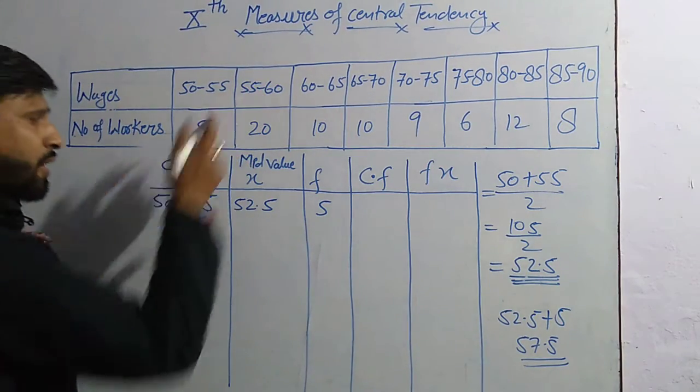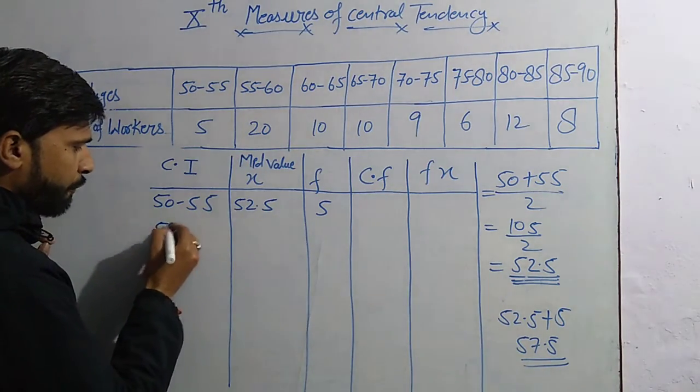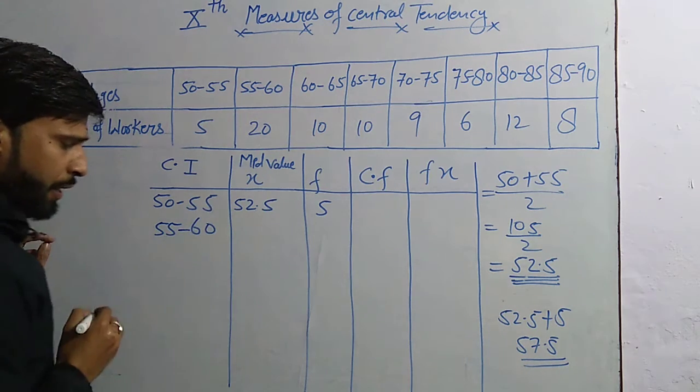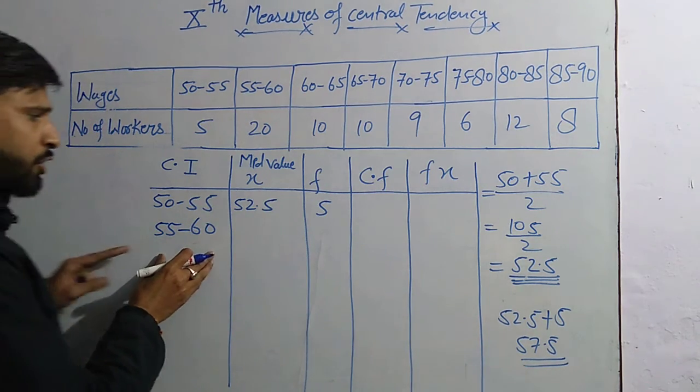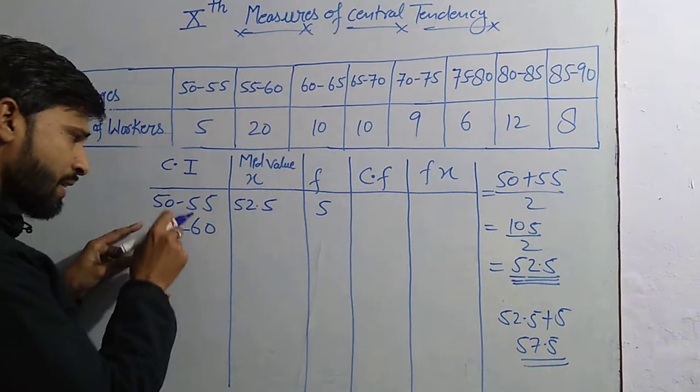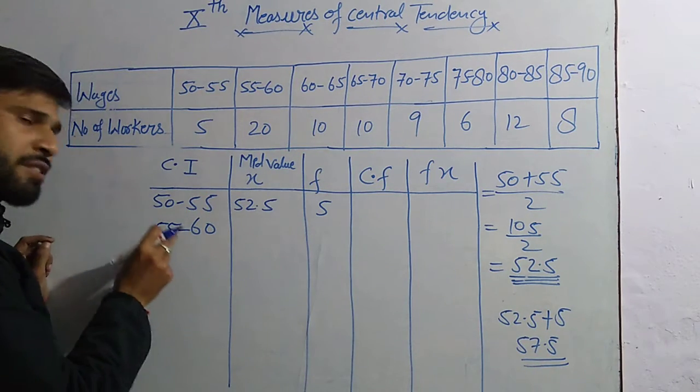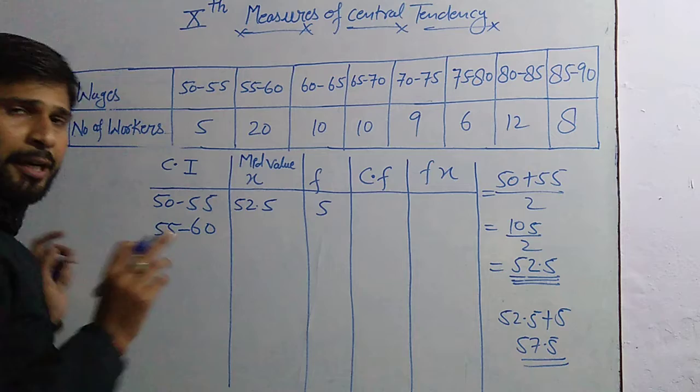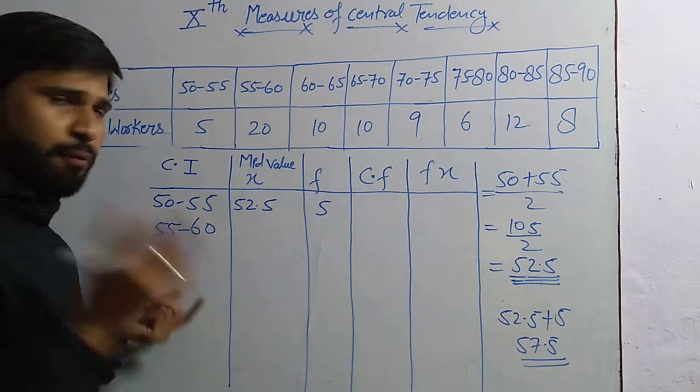Now the second class interval is 55 to 60. The difference is the same here, again 5.